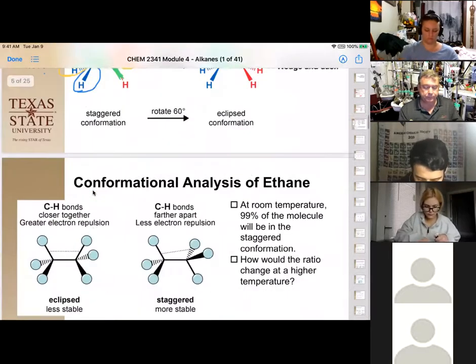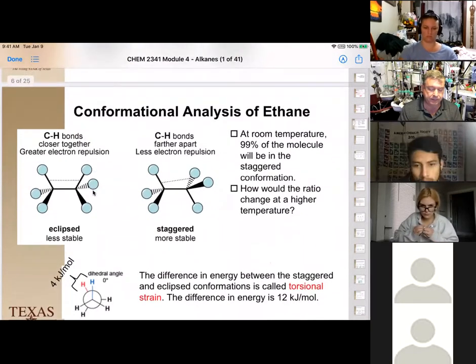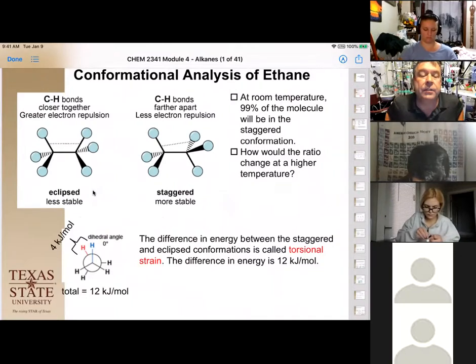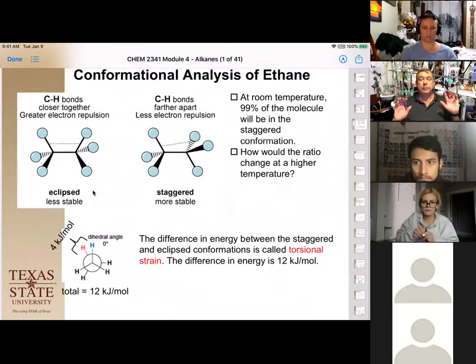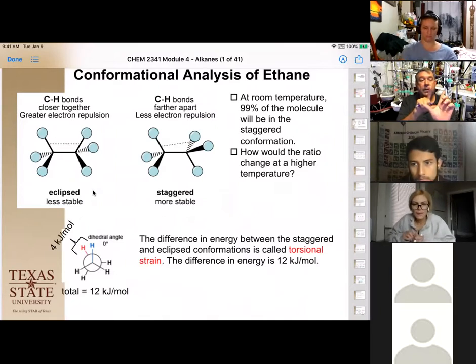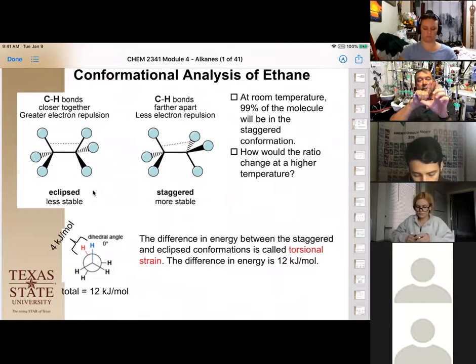So let's start with the energies associated with having these go from our staggered through our eclipsed state. So the energy that it takes to go from our lowest energy state, which is our staggered state, to rotate it 60 degrees.